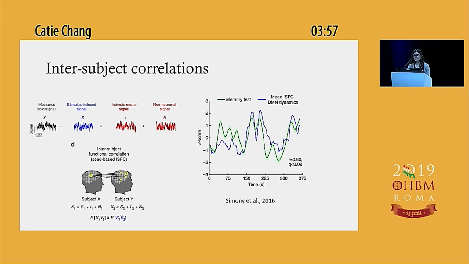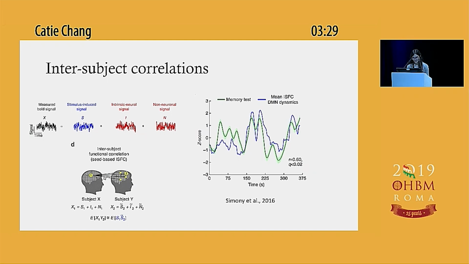So the idea is that you present the same stimulus to each of your subjects, and usually people use a richer stimulus like a movie or a more complex narrative that they're listening to. And then we correlate the activity of one person's brain to the activity of other people's brains, not necessarily in the same voxel, but almost like a seed-based approach, where you take the correlations with other regions in their brain.